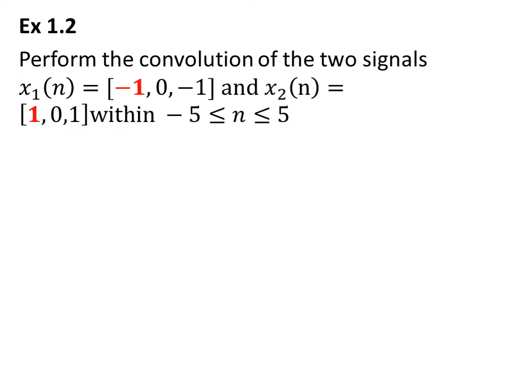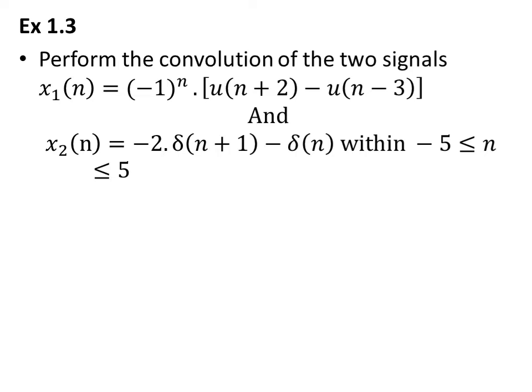Then example 1.2, in here again you have to perform the convolution of the two signals x1[n] and x2[n]. You were given x1[n] and x2[n], and the range of n as well. Using the previous examples, again you can do this exercise.